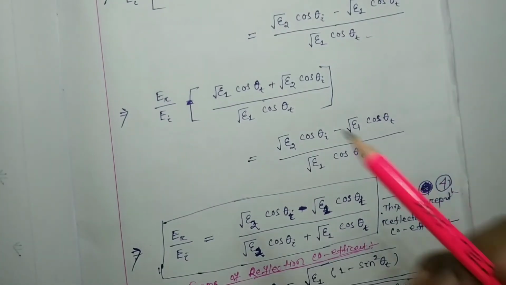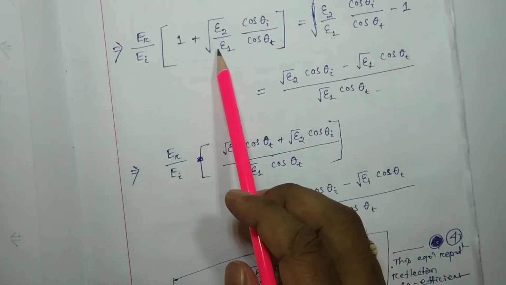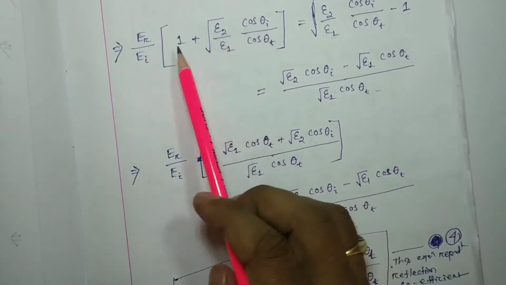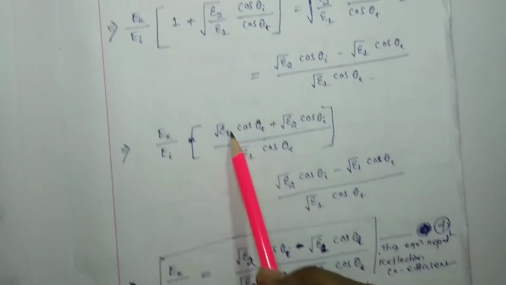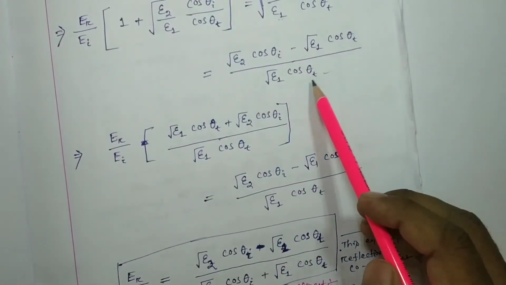So on the left hand side also we have to add, it will be root of epsilon 1 cos theta t plus root of epsilon 2 cos theta I by root of epsilon 1 cos theta t. Same thing it has been written, equal to this much, right?